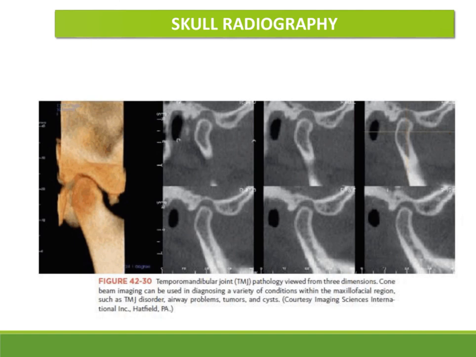Computed tomography means you see the images in CT scans, and cone beam computed tomography means you see the images in CBCT scans. Always, CBCT will have a lower radiation exposure than the CT. So dentists prefer to use a CBCT rather than a CT machine unless you need very much detail.